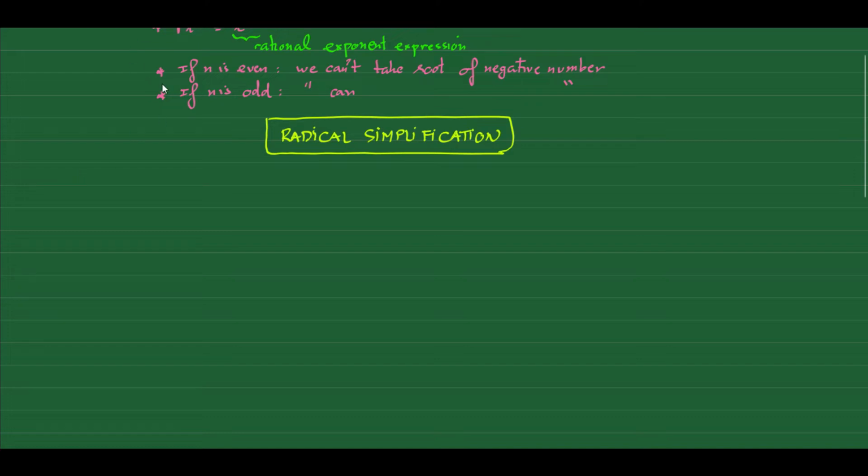A prime number is a number that is divisible only by 1 and itself. So we're going to do a prime factor tree, which means we try to find all the prime factors of the number inside the radical.